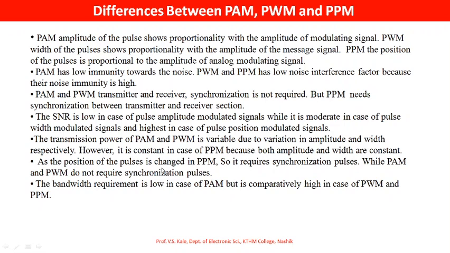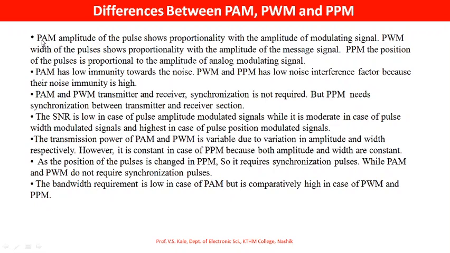As the position of the pulses is changed in PPM, so it requires synchronization pulses, while PAM and PWM do not require synchronization pulses. The bandwidth requirement is low in case of PAM, but it is comparatively high in case of PWM and PPM.